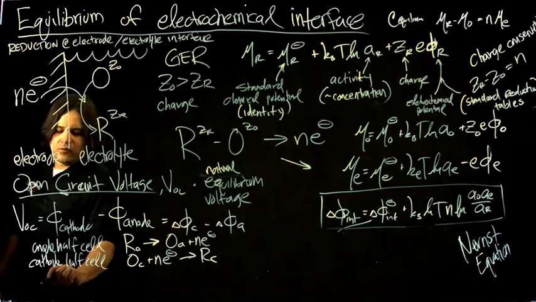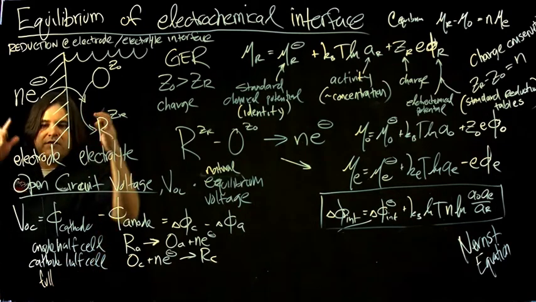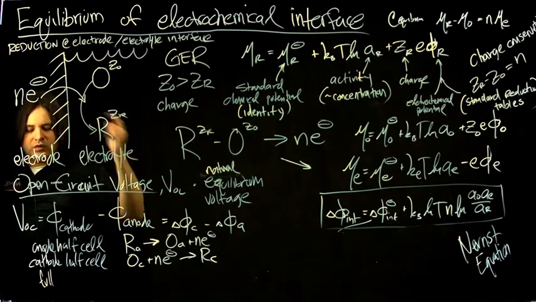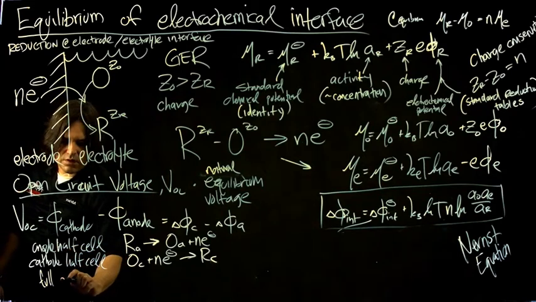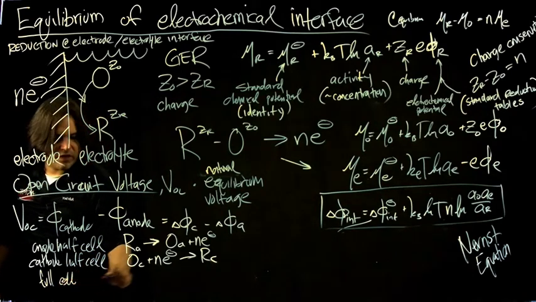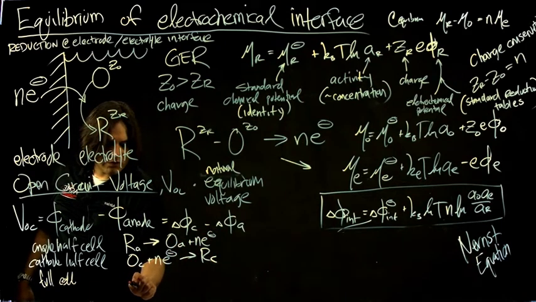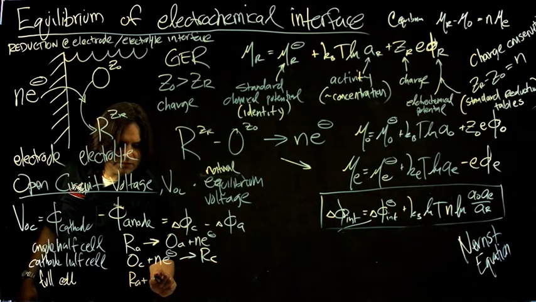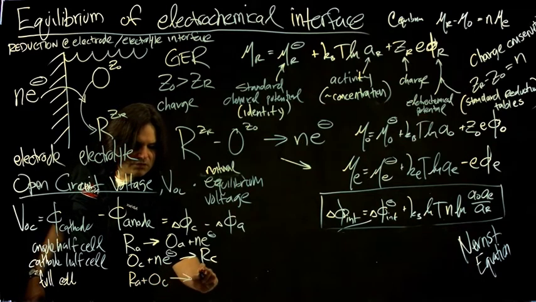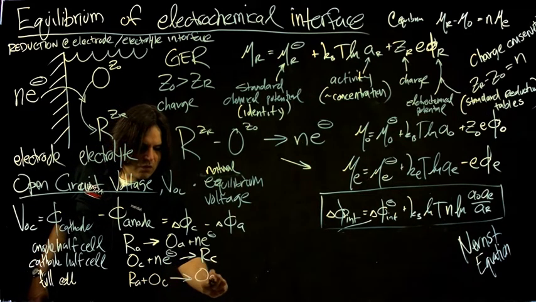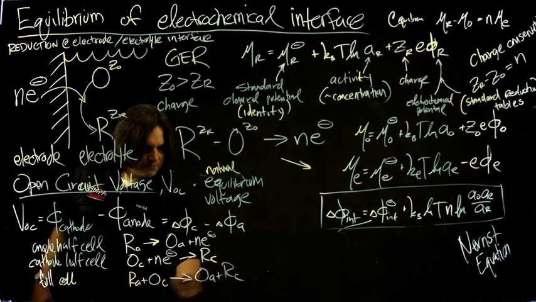And then for the full cell, if you consider the system to be both electrodes, then the full cell reaction would be, the electrons will cancel out. You would have R_A plus O_C goes to O_A plus R_C.